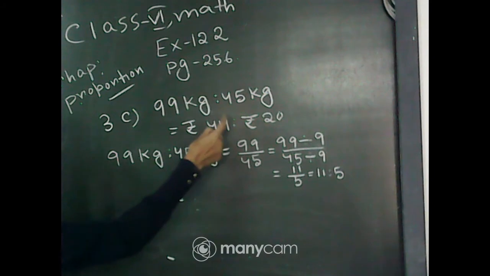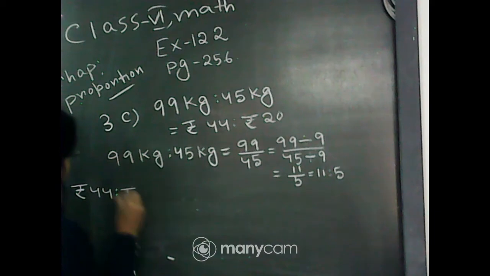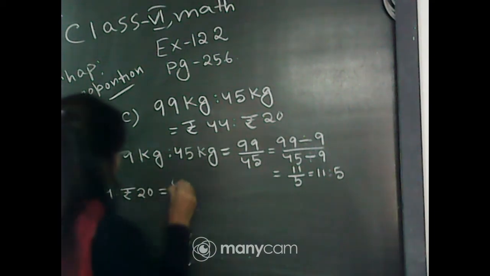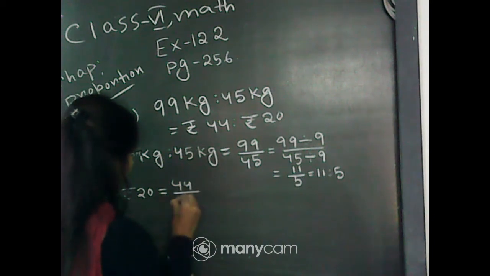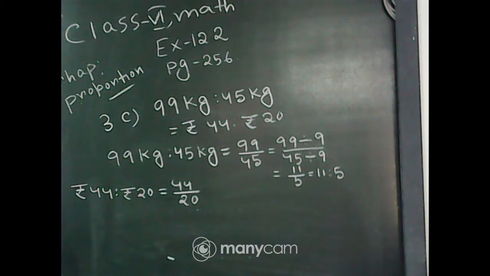Now we find the ratio of rupees 44 and rupees 20. Rupees 44 is to rupees 20 is equal to 44 divided by 20. Now, HCF of 44 and 20 is 4.